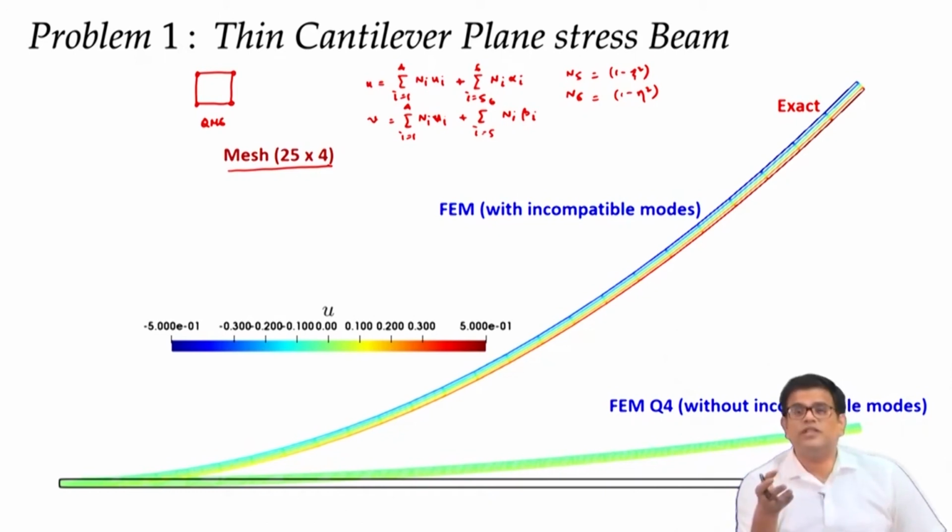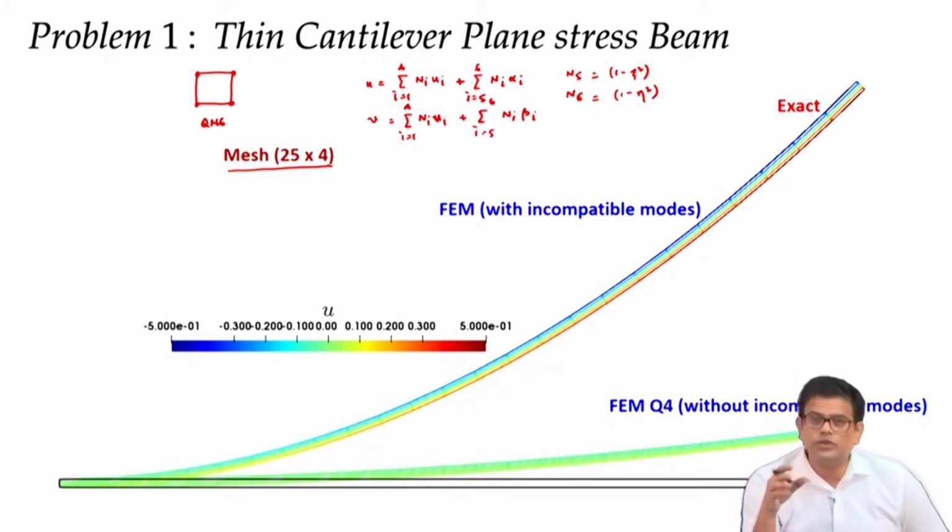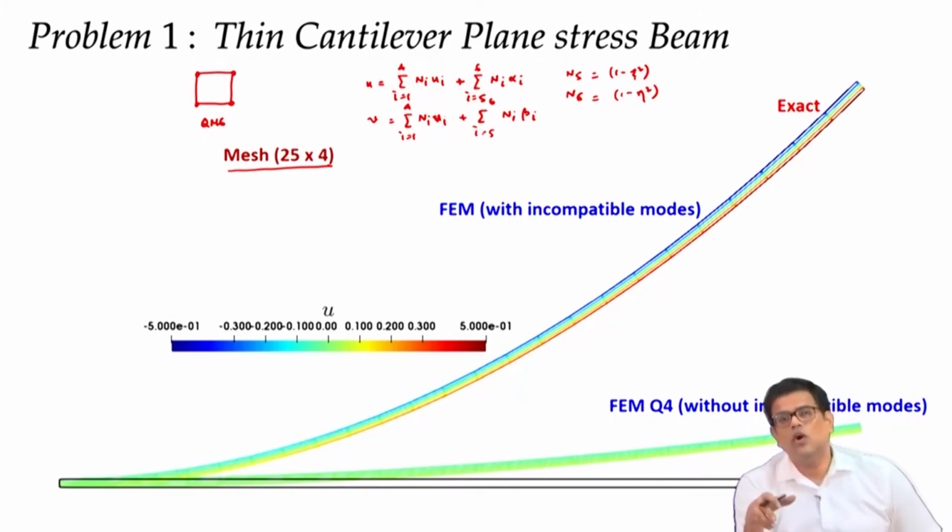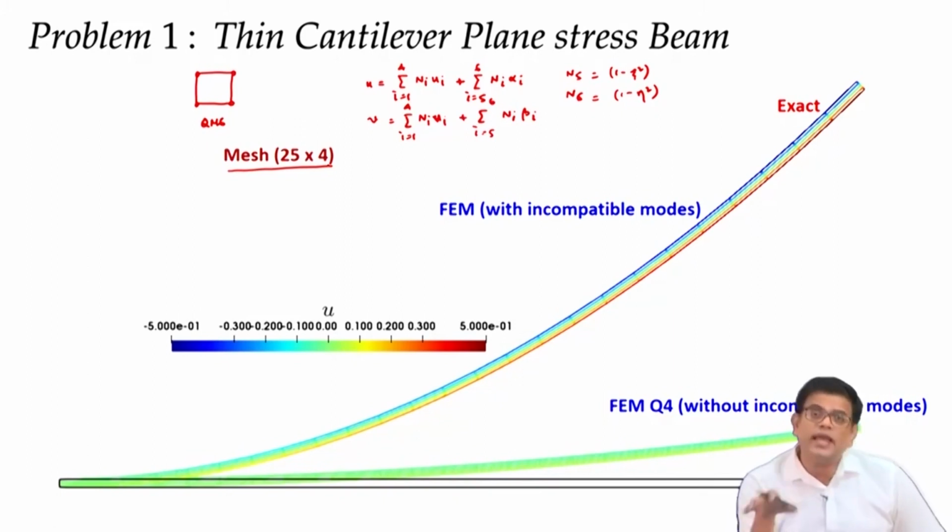Similarly, if I use the 8-noded element for 3D, even though it is not formally introduced, you can observe the same phenomena in bending. So this is one example I wanted to show, so that we see the purpose of incompatible modes and how effective they are in solving some specific problems.